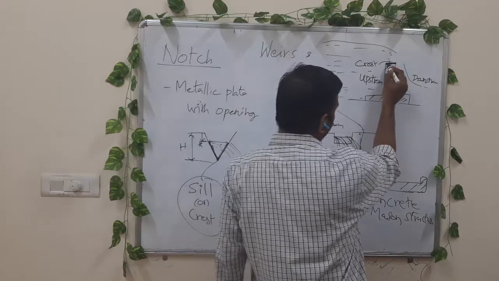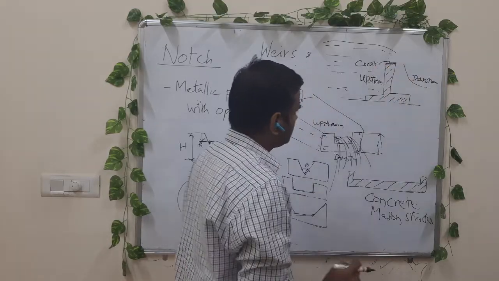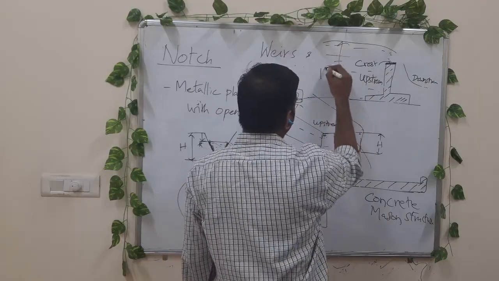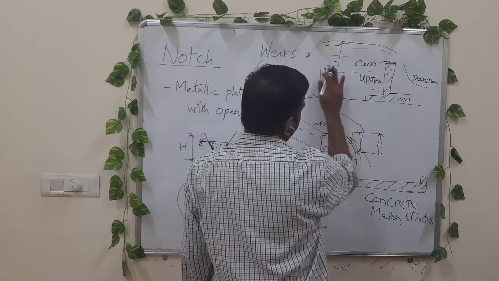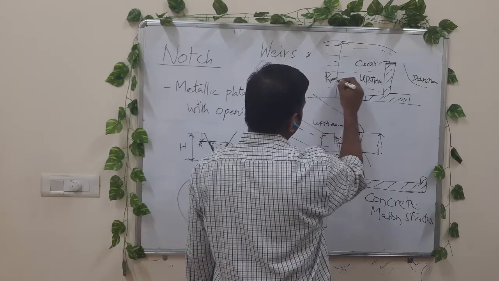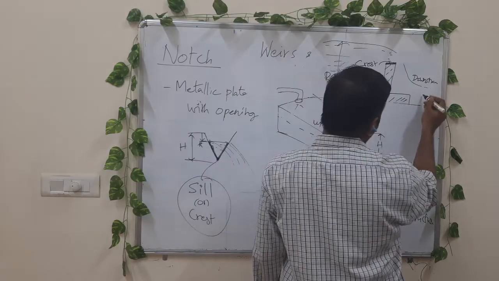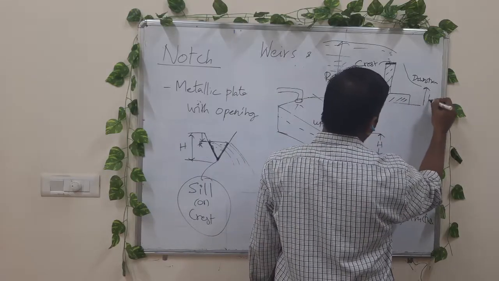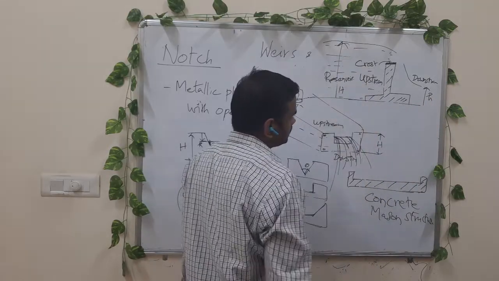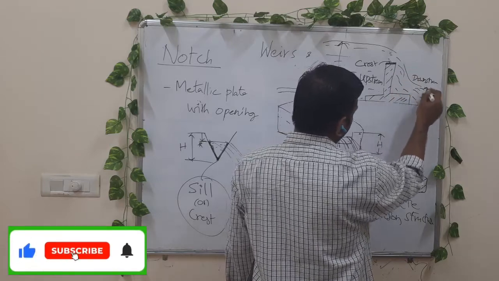Here also the portion at the top over which the liquid is flowing is called the crest, and this is a reservoir of height capital H. In the downstream side the liquid level is small h, and in the upstream side there is a height capital H, so the fluid is passing through this structure.